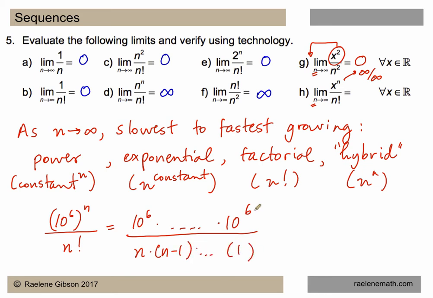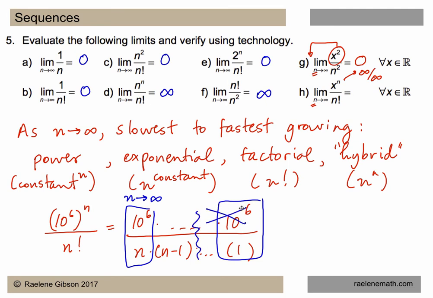If we look at this side of the ratio, we see that the numerator wins, but over here the n is approaching infinity, and so the factorial expression wins. And eventually there's going to be some point where this power function stops winning and the factorial function becomes bigger. And since n is approaching infinity, the denominator wins, and so this gives us a limit of 0.